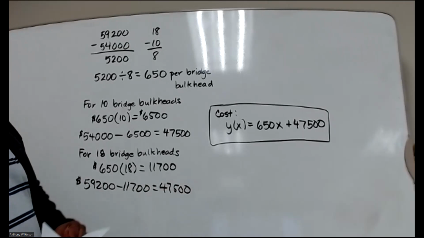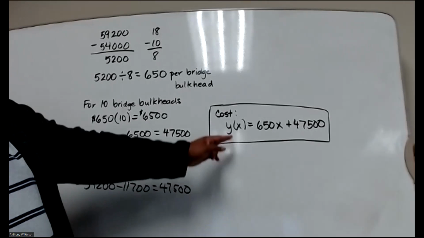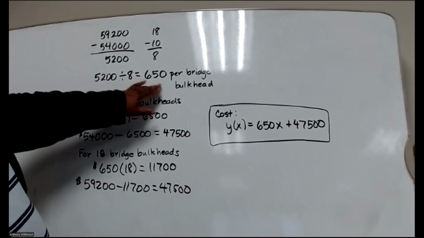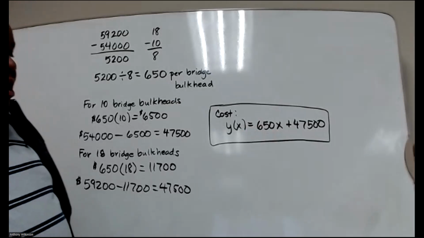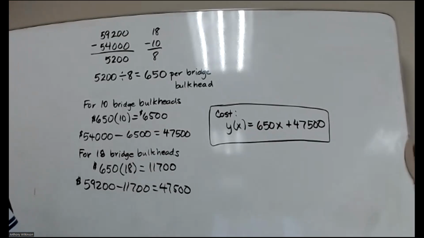Now that $47,500 might be something like overhead, probably labor cost. So the correct function would be this: Y of X is equal to the cost of each bridge bulkhead, that's 650 times X, and then plus whatever that $47,500 represents.